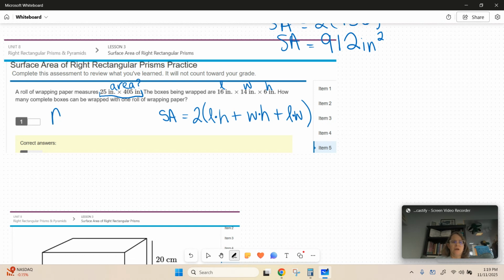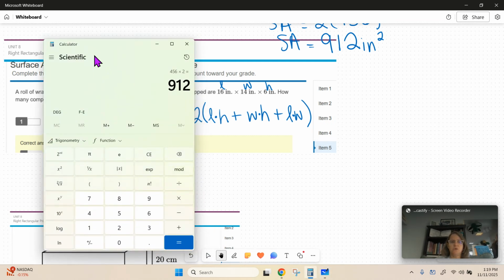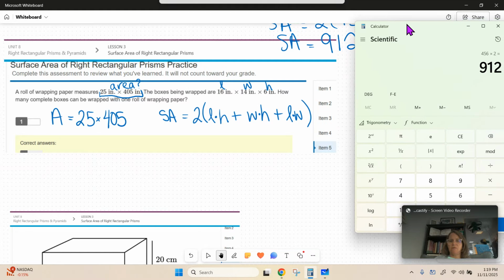This is the area of the wrapping paper. Length times width, 25 times 405. I'm going to go ahead and do that in the calculator. This will give me the total amount of wrapping paper that I have.